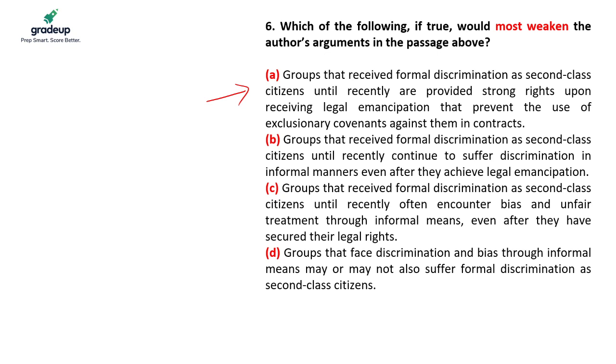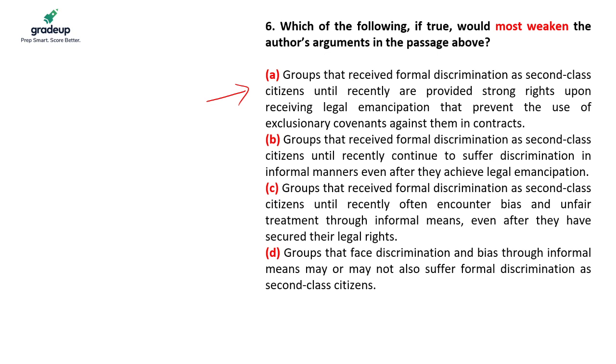I have to understand the pillar on which it is standing. The author's argument was that the courts must find ways to step in between and make sure that discrimination doesn't happen in terms of exclusionary covenants contained in a private contract. The courts must step in and find a solution.